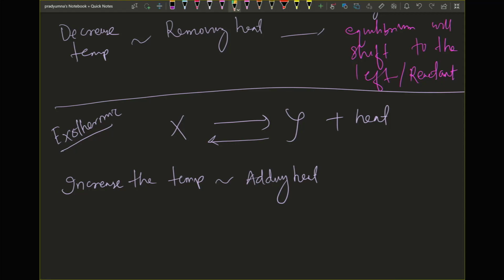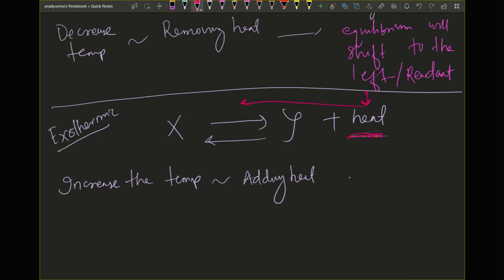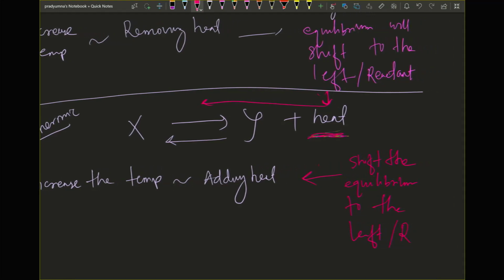Okay, so the answer is if I add heat, like if I add water here, obviously it's gonna flow to the left side. So adding heat in this particular example is gonna shift the equilibrium to the left. Left is reactant.